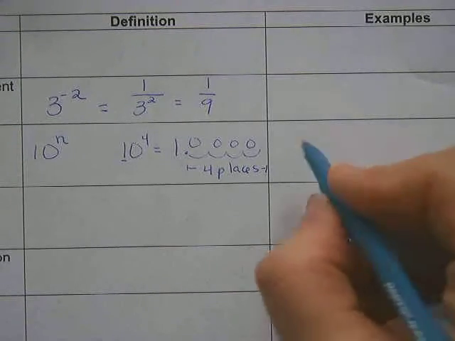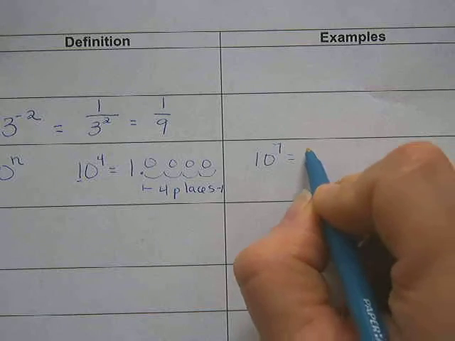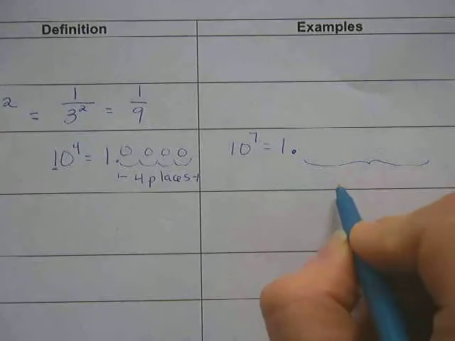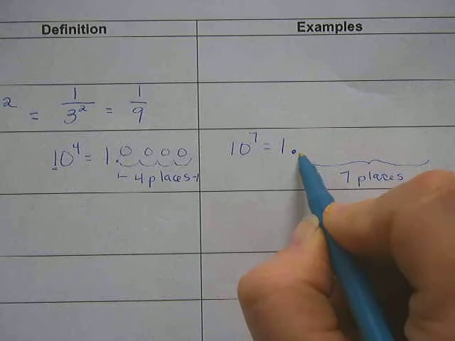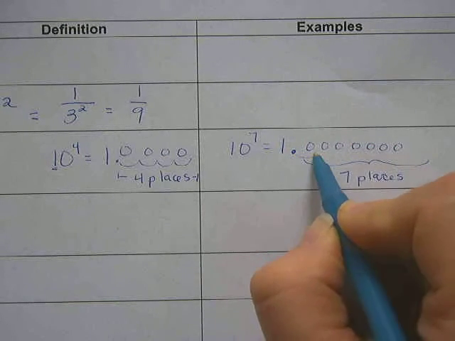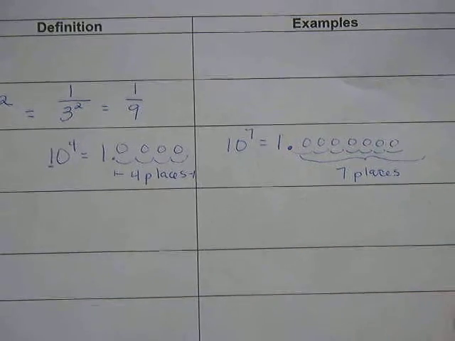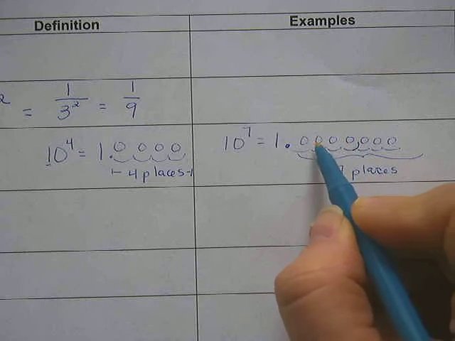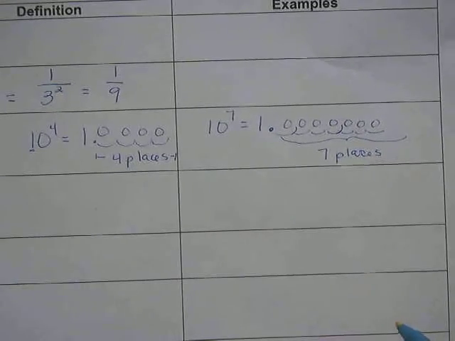Okay, so over here, 10 to the 7th would mean 1, and then we have to move the decimal 7 places. So in other words, we have to add 7 zeros. 1, 2, 3, 4, 5, 6, 7. So that's going to become the number 10 million.